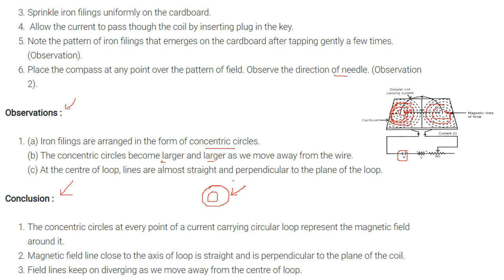So this is the direction of the magnetic field. The magnetic field line close to the axis of the loop is straight and perpendicular to the plane of the coil, and the field lines keep on diverging as we move away from the center of the loop.